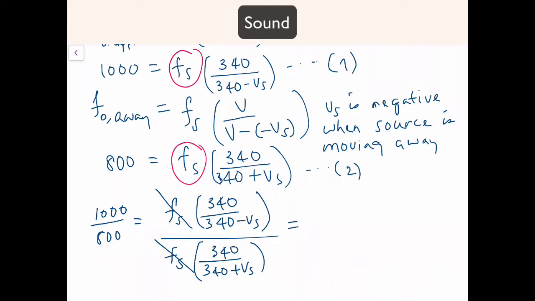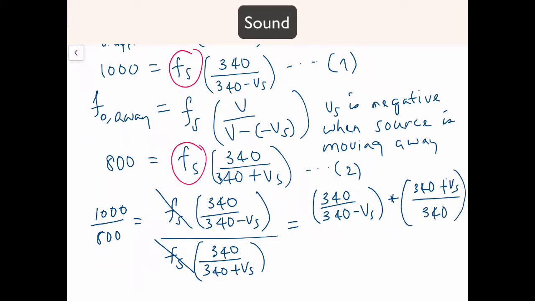And you know that dividing by a fraction means multiplying by its reciprocal, right? So that means this is going to be 340 plus vs divided by 340. What I did is just took the reciprocal of this guy. The two are the same. So this 340 will cancel out by this 340.